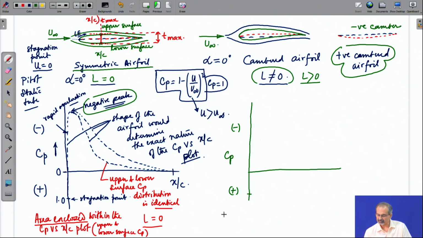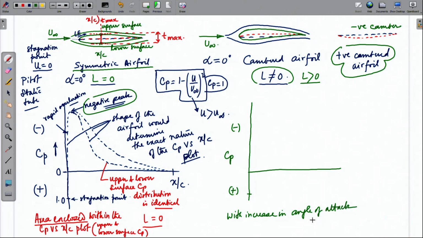This offset becomes larger with increase in angle of attack. That means, as you go to positive angles of attack, you would find that the stagnation point is not exactly at x by c equal to 0 anymore. It is shifted from x by c equal to 0 to a small positive value.